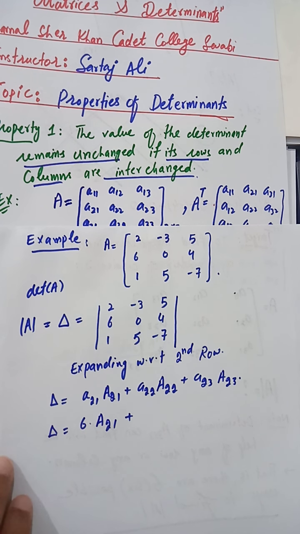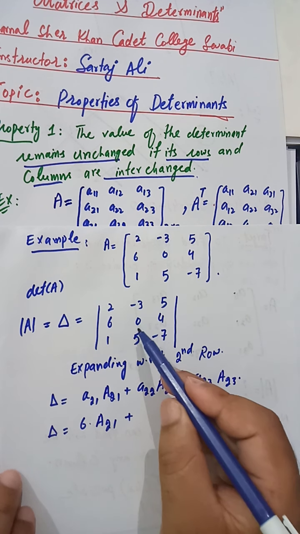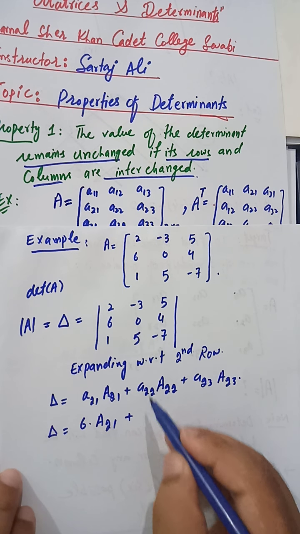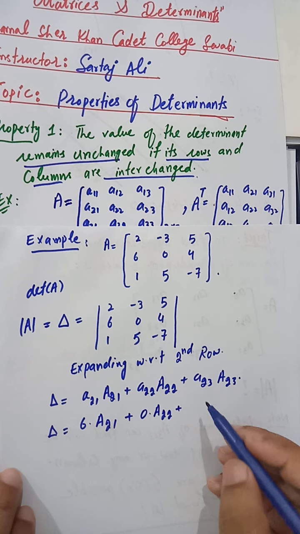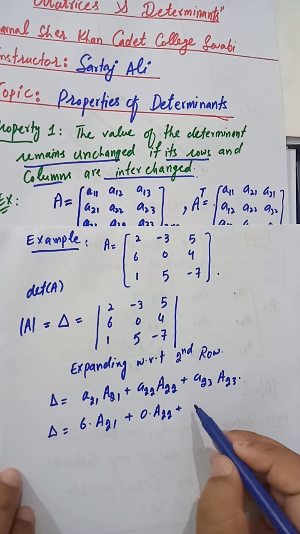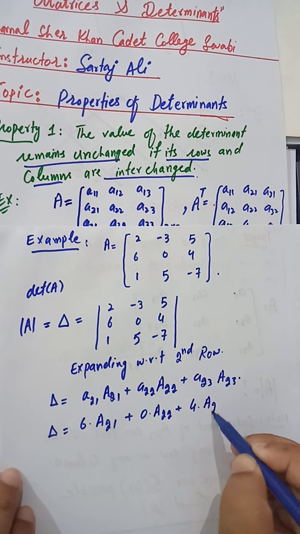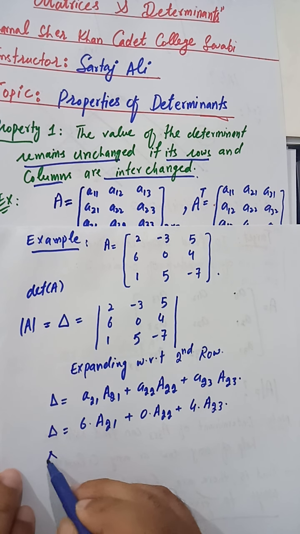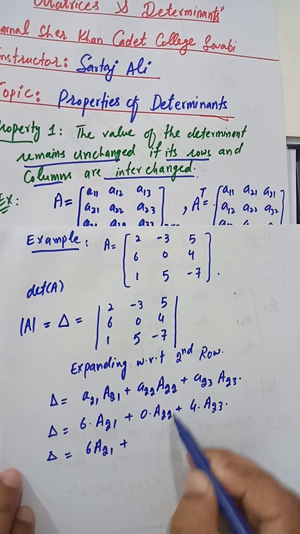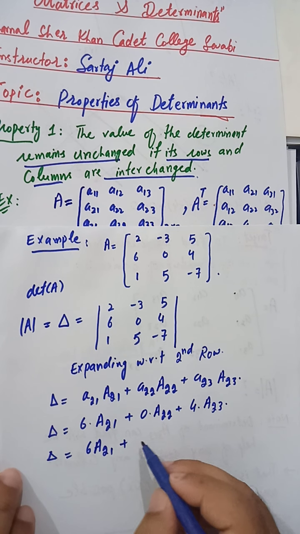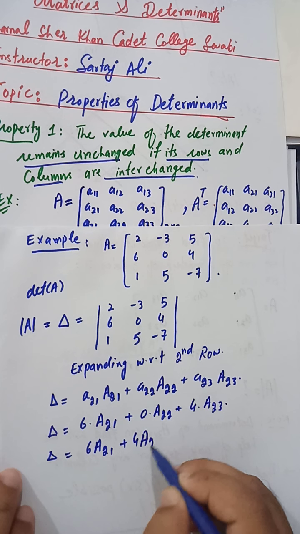You will use the proper way to find the cofactor. Now a22 is 0, so 0 multiplied by capital A22, and a23 is equal to 4. So this determinant is equal to 6 capital A21, plus 0, plus 4 capital A23.